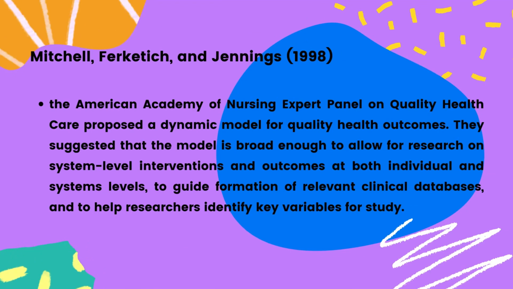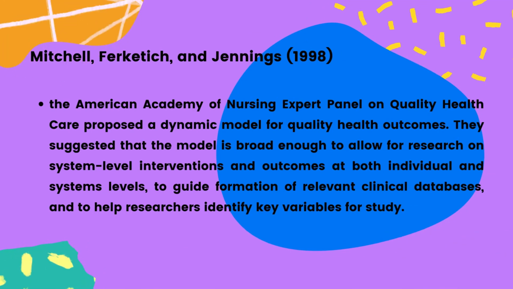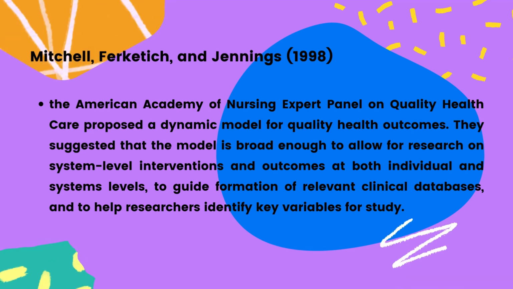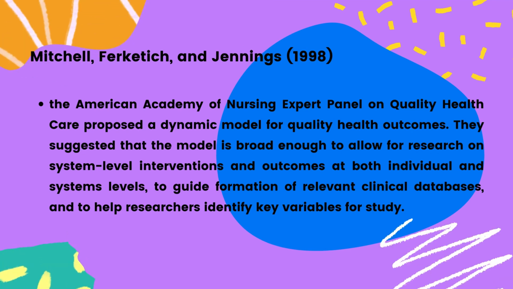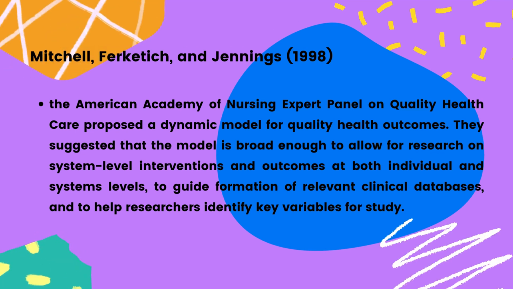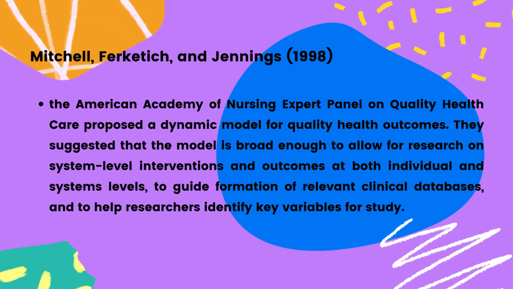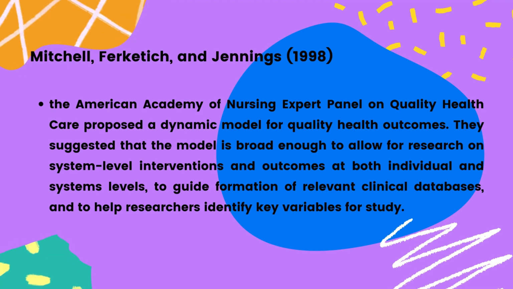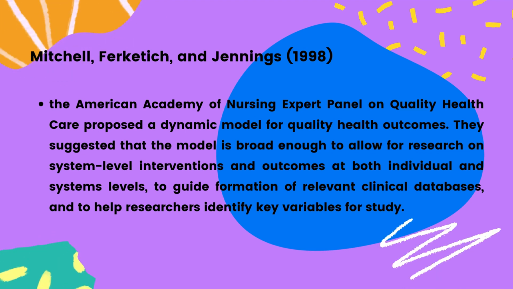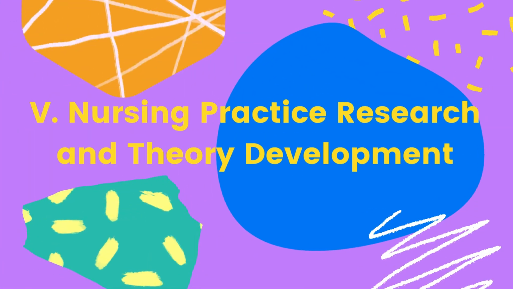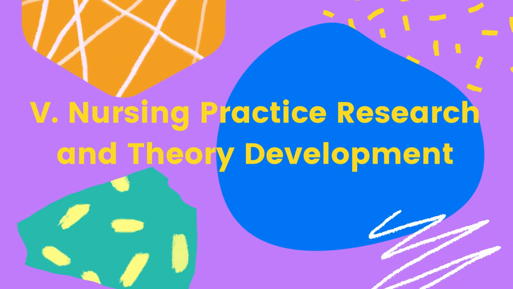For Mitchell, Ferketich, and Jennings in 1998, along with the American Academy of Nursing expert panel on quality health care, they proposed a dynamic model for quality health outcomes. So they suggested that the model is broad enough to allow for research and system level interventions and outcomes at both individual and systems levels, to guide information of relevant clinical databases and to help researchers identify key variables for study.